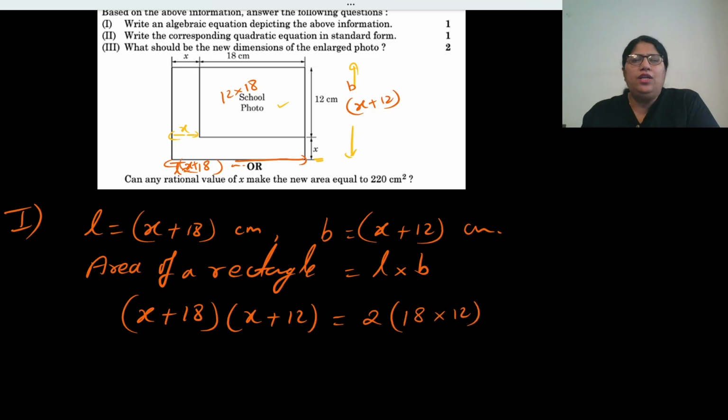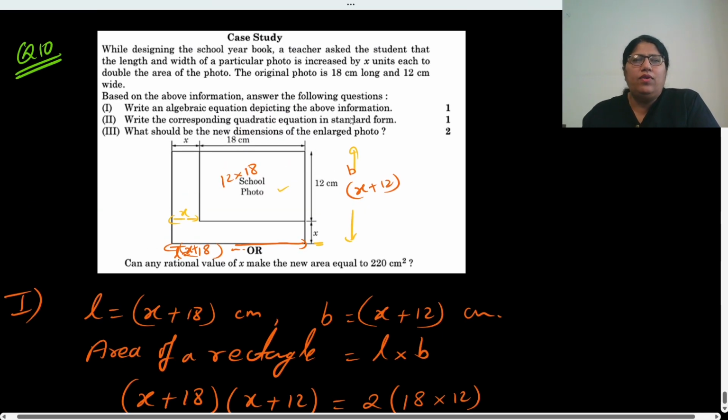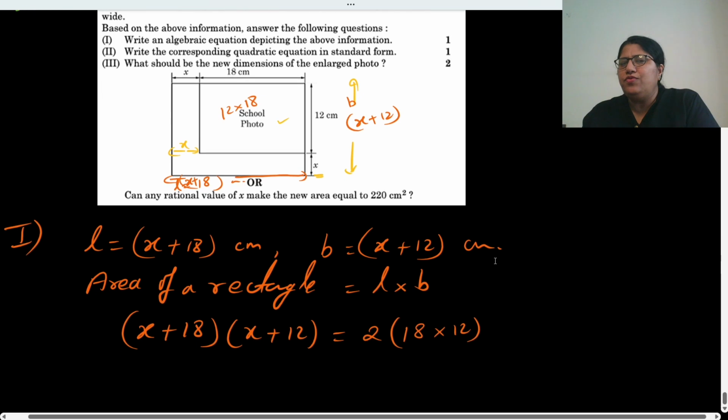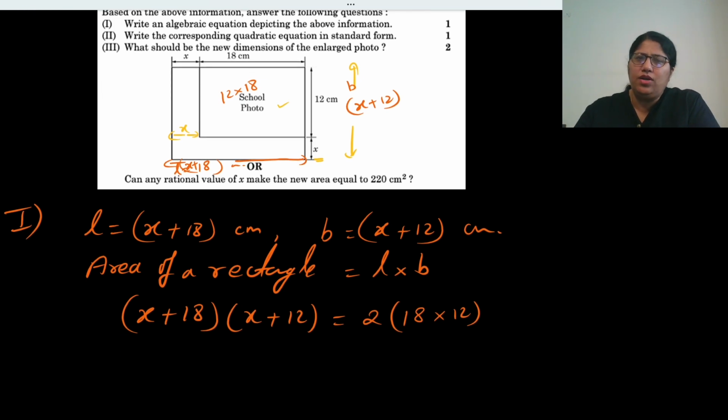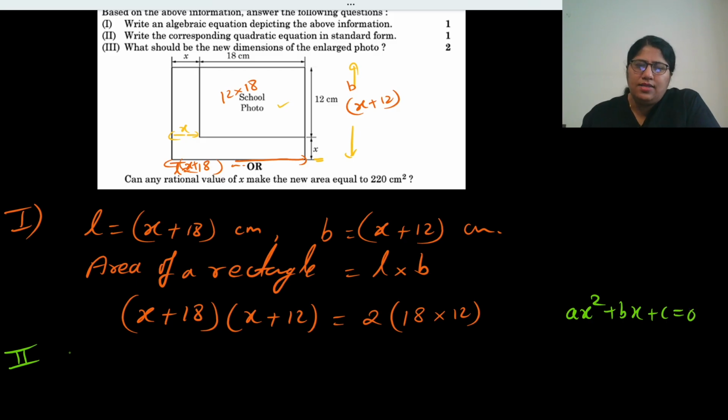Now we need to write the corresponding quadratic equation in standard form. So the first bit you are just writing whatever is given in the question. Second part, for one marker, to write down the standard form, that means you need to get the quadratic equation in ax square plus bx plus c equals 0 form. So start simplifying this.